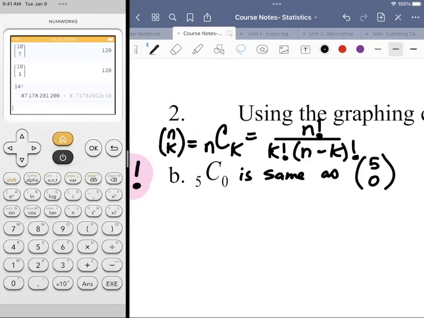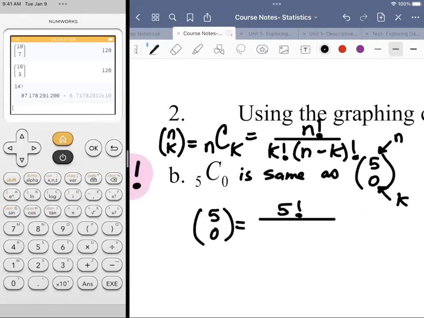You might be going the other way, where you see this and you say, what the heck is that? It's just the bracket notation. So when I say 5 over 0, I'm calling the 5 the n value and the 0 the k value. So 5 over 0 would be 5 factorial over 0 factorial, coming back to that again, times 5 minus 0 factorial.